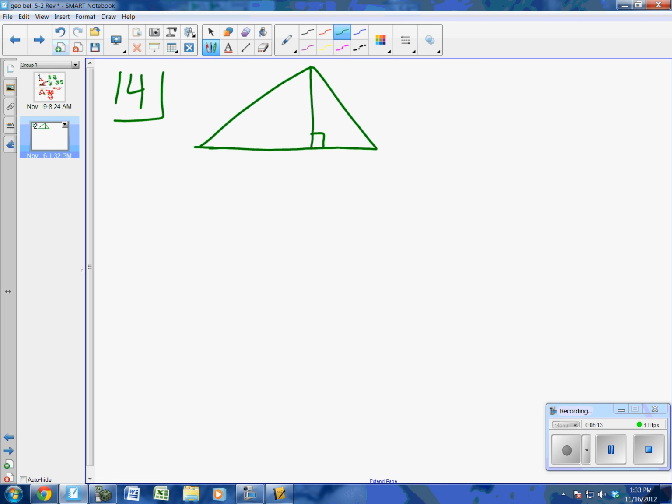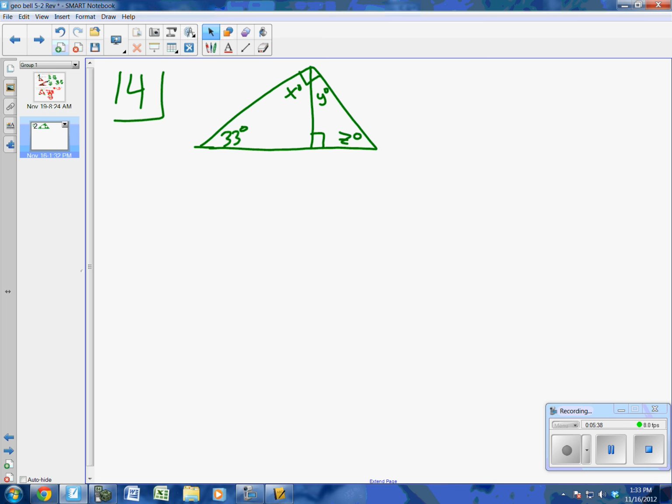We'll be learning about that in a little while. And this is a right angle. You need x and y, and you have this as 33 degrees, and you have this as z degrees. And you're supposed to find x, y, and z.